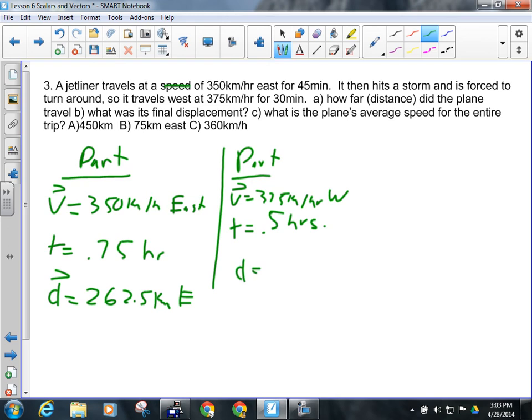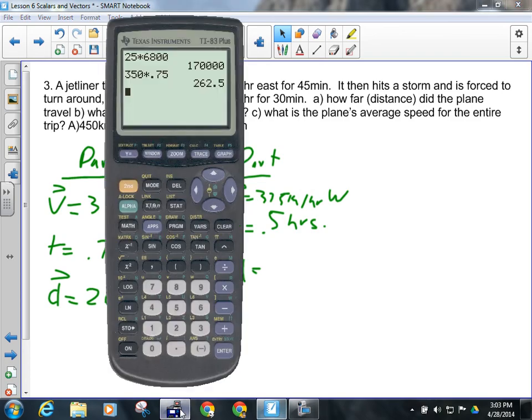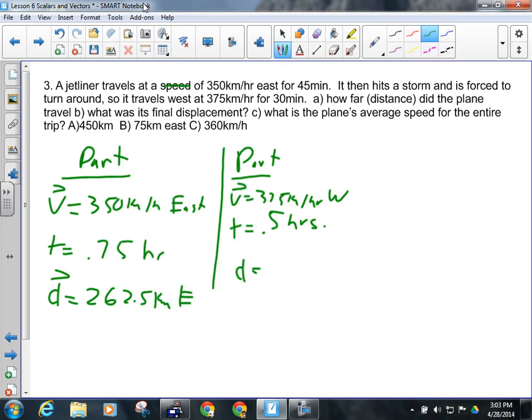Same thing over here. 375 times 0.5 should give us 162.5. That doesn't seem quite right. How about I stop guessing? 187.5. 187.5 kilometers west.